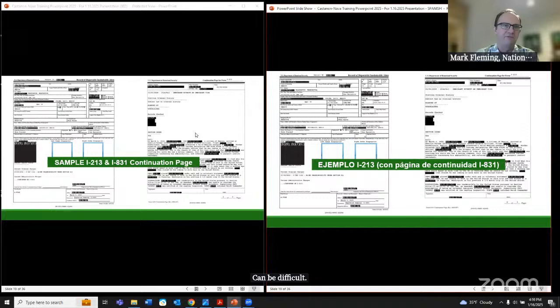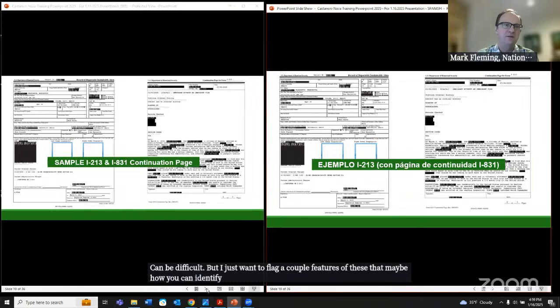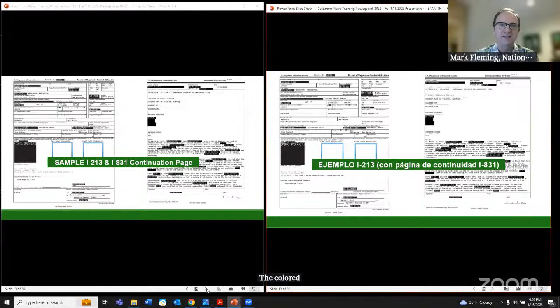But I just want to flag a couple features of these that maybe show how you can identify it is an I-213. One, you will see on the left page there's a lot of biographical questions of the individual at the top. The redacted part is a photo of the individual, just so you have a sense.